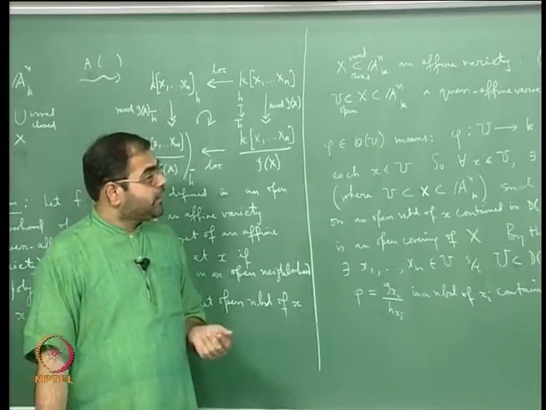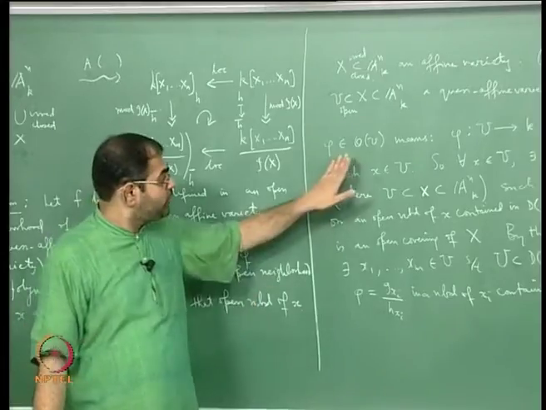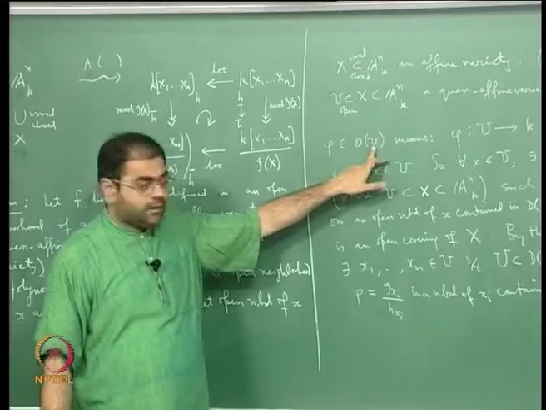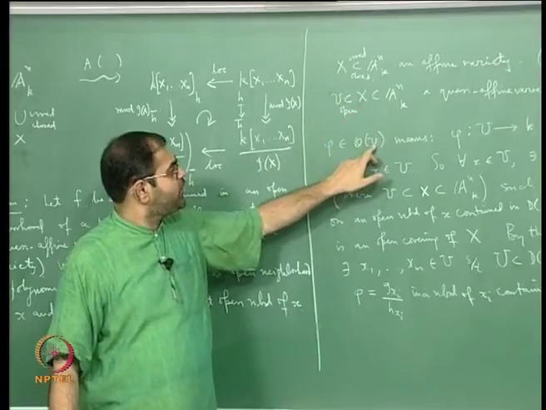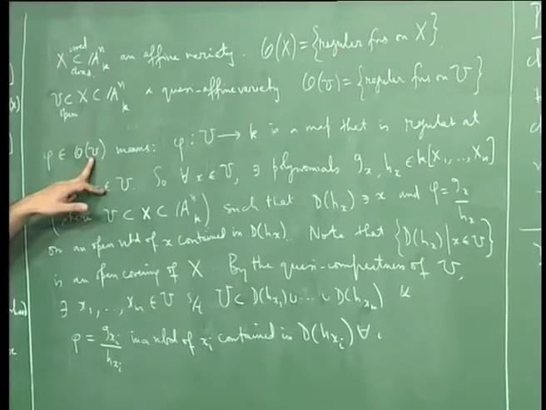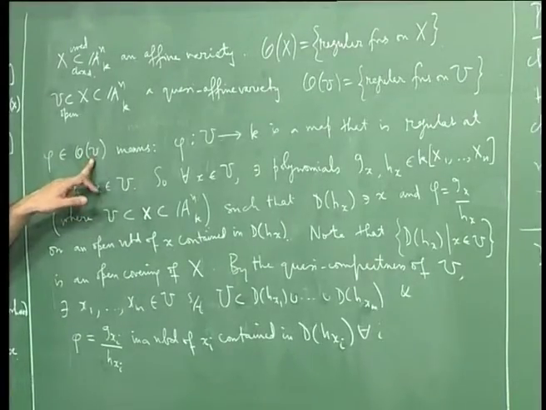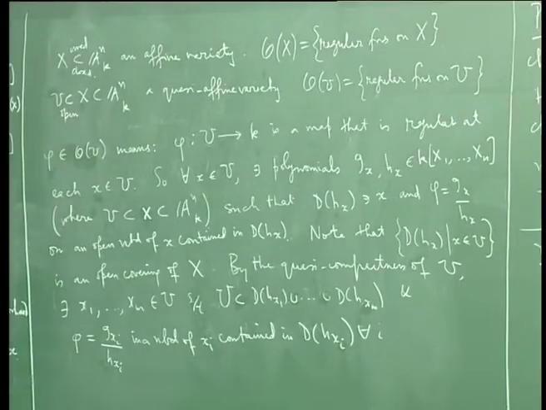And so this is how it is for U. It is the same definition; instead of U I can put capital X also. The same definition works for any subset of affine space, in fact.